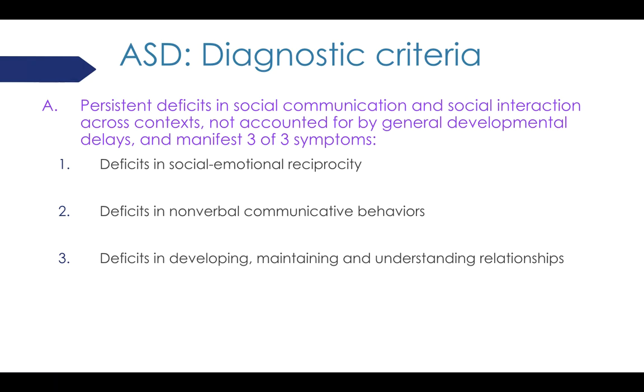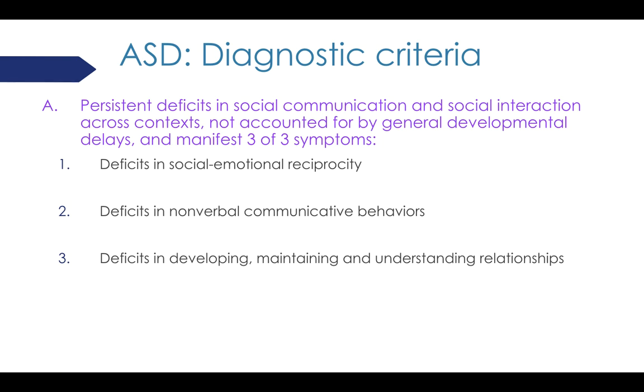When we're looking at the ASD diagnostic criteria, there are 4 things that we look at. We're going to talk much more in detail about this next week, but I just want to highlight some of the main things. The first criterion is that the child needs to show persistent deficits in social communication and social interaction across contexts, so across various settings.